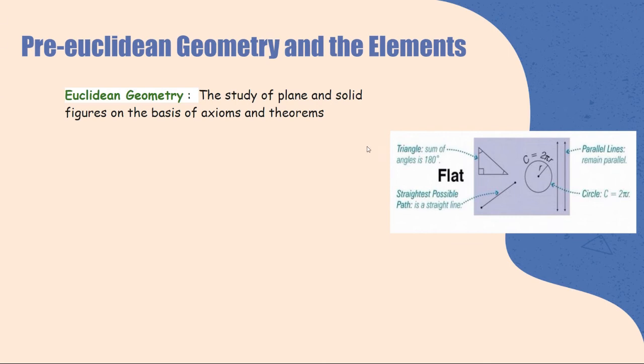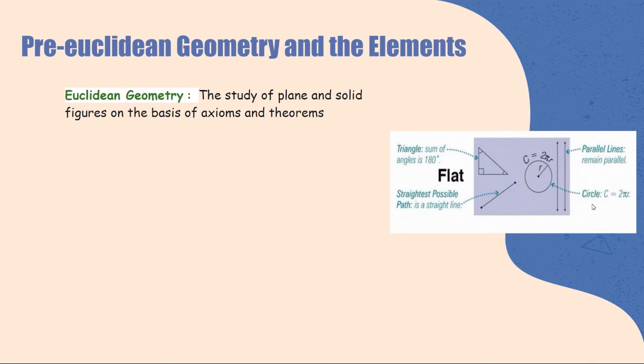Let me show the figure here. It is the Euclidean plane that includes the triangle, where the sum of angles is 180 degrees, which is also a straight line. It also has parallel lines which remain parallel, and the circle circumference is C equals 2 pi r.